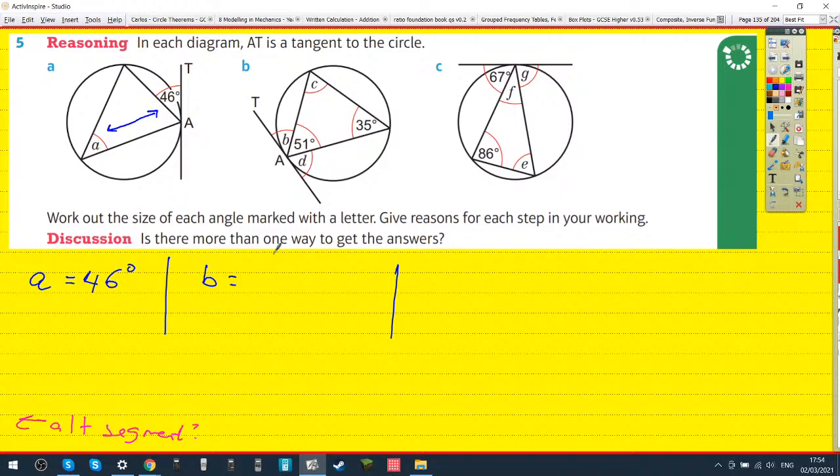No. What angle is B alternate to? 35. Yep. And question C, how about angle E? 7. And angle G? 86. Well done.